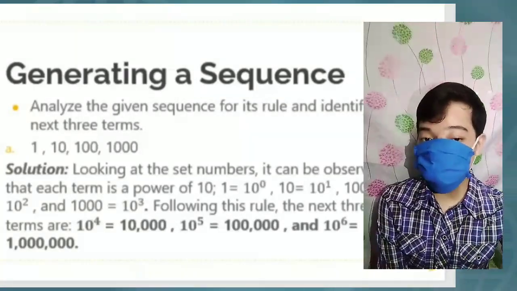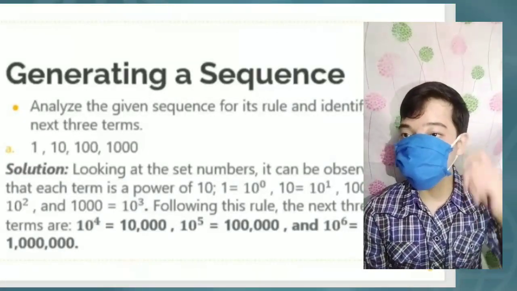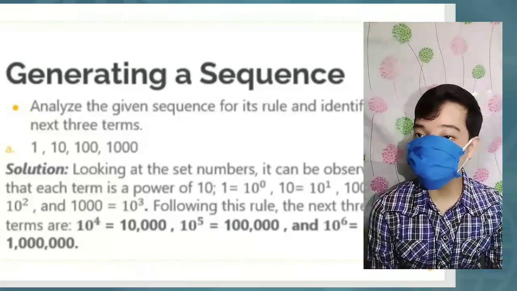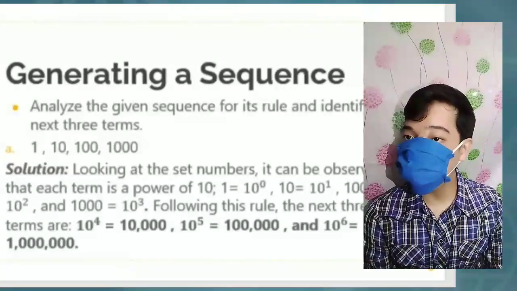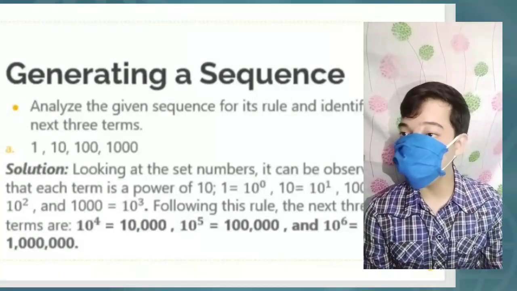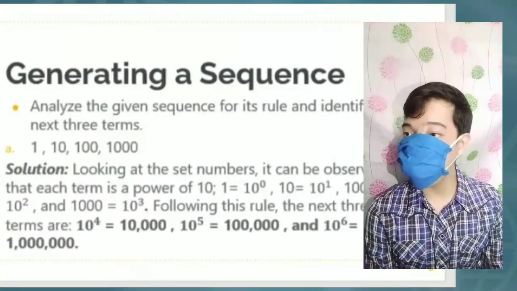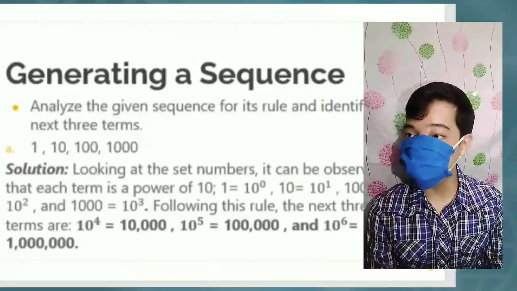Since we have here the pattern, we have the pattern of the series starting from 0, 1 to 3. So the next 3 terms are the numbers 4, 5, 6.